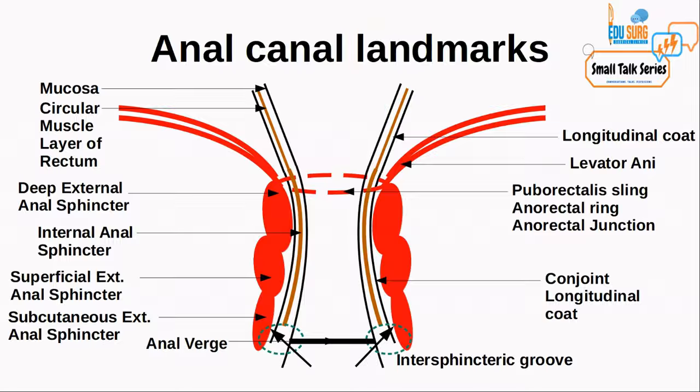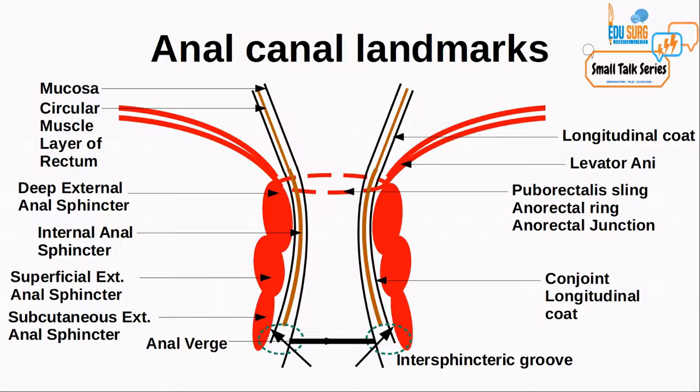So, in MRI, the lowermost limit of the external anal sphincter in the parasagittal plane is considered as the anal verge. So some people describe anal verge synonymously with the intersphincteric groove. That is, the intersphincteric groove is the area where the anal verge is.